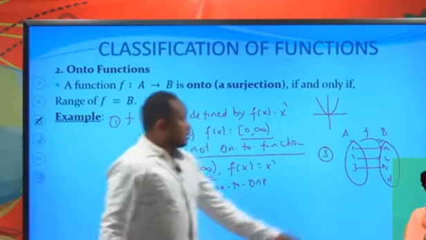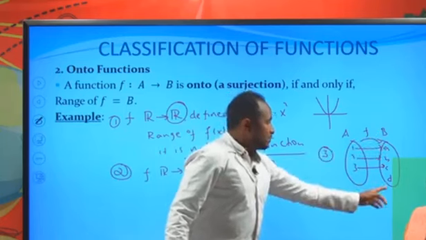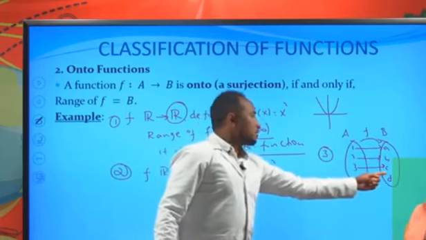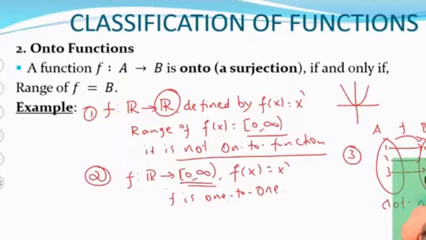It's not, because the range of f is not B, it is A, B, C only. D has no pre-image. So because of this, it is not an onto function.